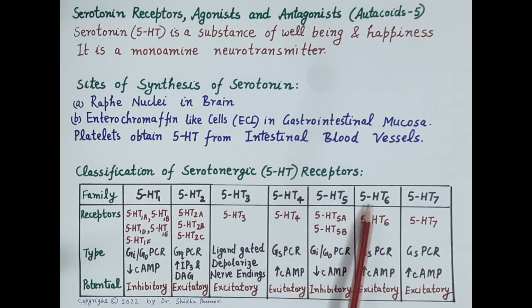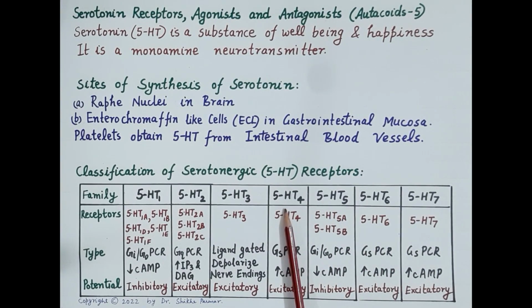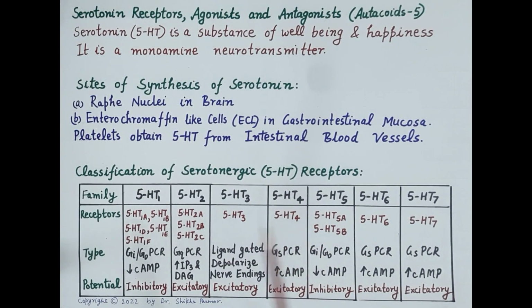These 7 families consist of around 14 subtypes of 5-HT receptors. Functional roles of 5-HT5, 5-HT6 and 5-HT7 families are not very well known. However, these families are closely related to the 5-HT4 receptor family.